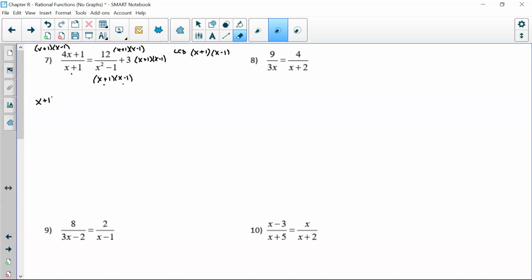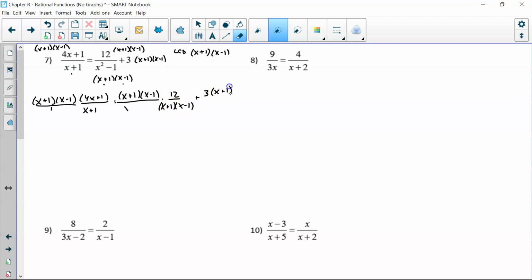So we have x plus 1 times x minus 1 over 1 times 4x plus 1 over x plus 1 equals x plus 1 times x minus 1 over 1 times 12 over x plus 1, x minus 1, plus 3 times x plus 1, x minus 1 over 1. All right, so simplify before we multiply. The x plus 1's cancel. So we have 4x plus 1 times x minus 1.